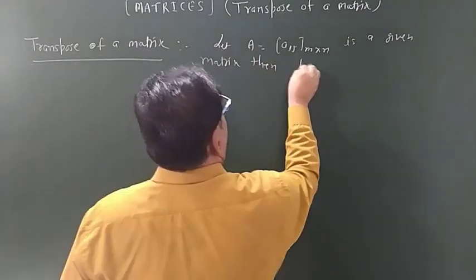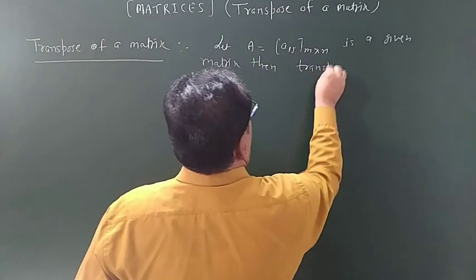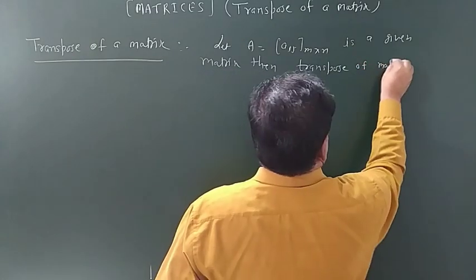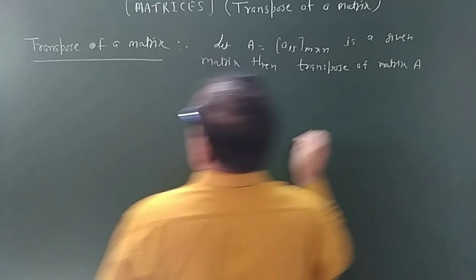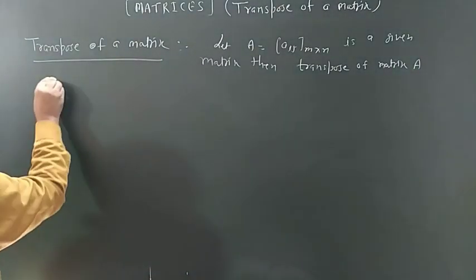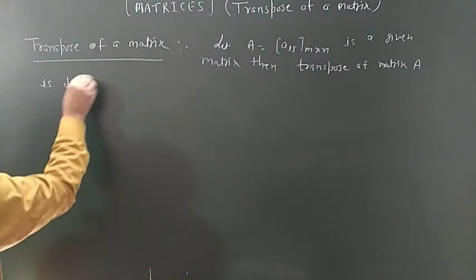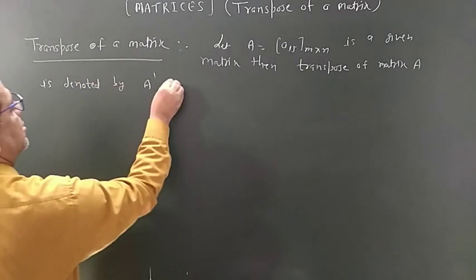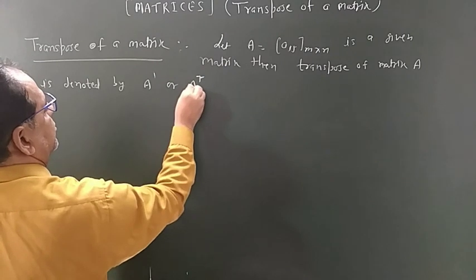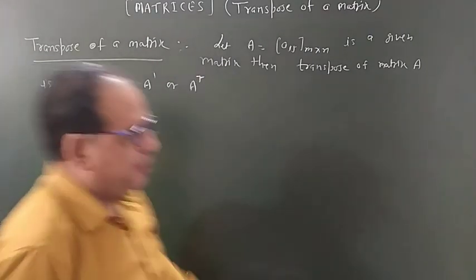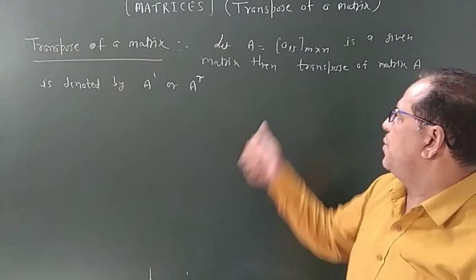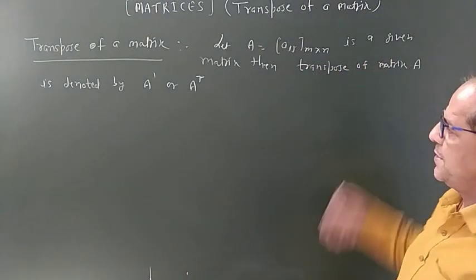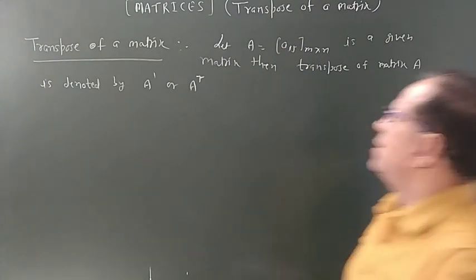Then the transpose of matrix A is denoted by A dash or A transpose. A be a matrix with order m cross n is given. Then transpose of matrix A is denoted by A dash or A transpose.